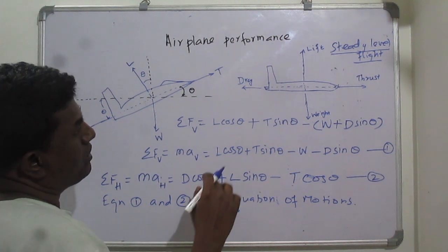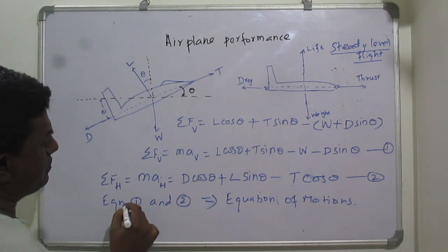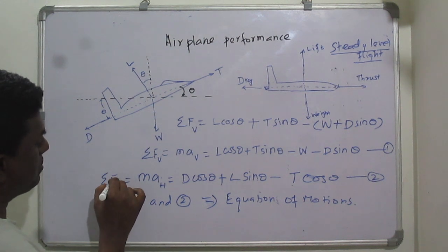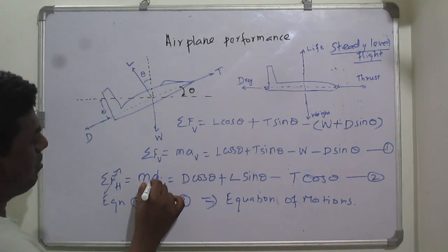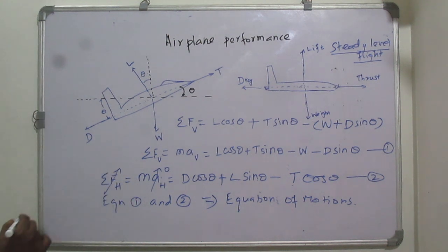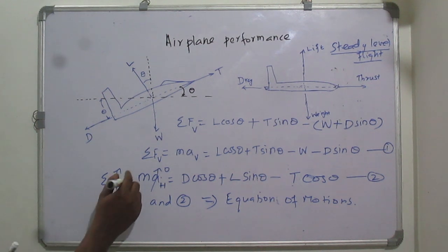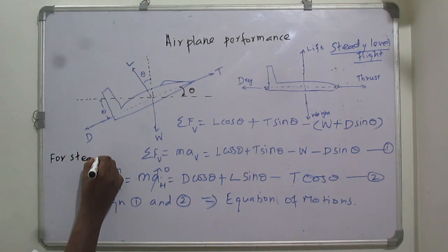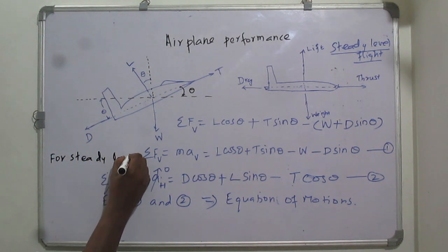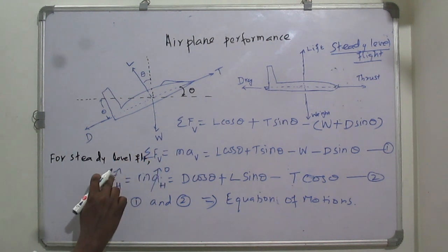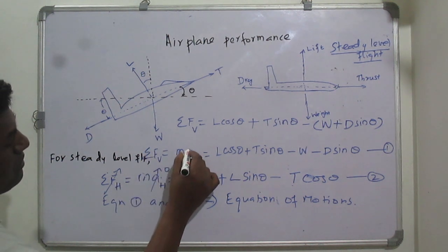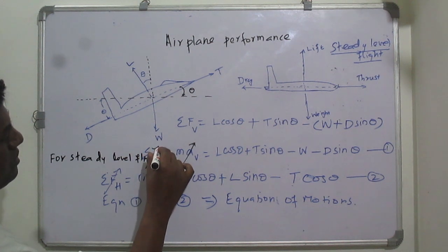In that case, our acceleration is becoming 0, that means the summation of forces will be 0, this component and this component. So in the case of steady level flight, these components will be considered as 0.